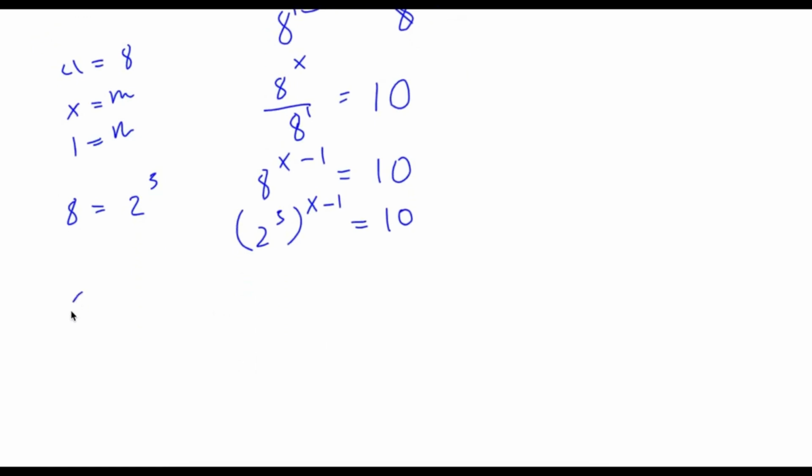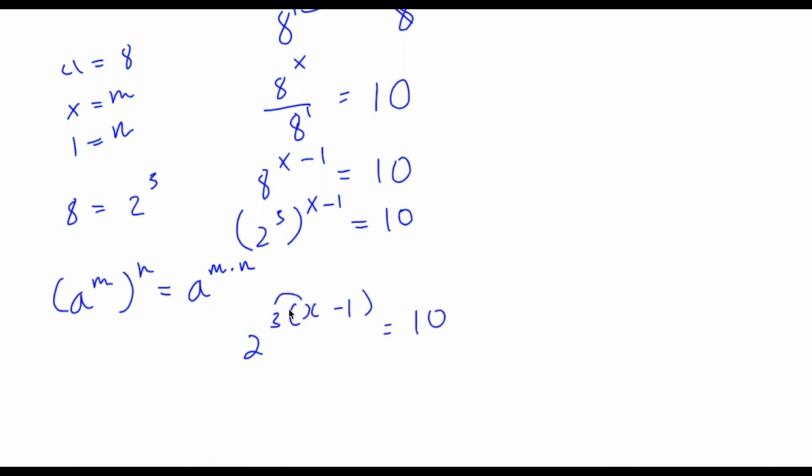Now, if I have something in the form a to the power of m, to the power of n, this is the same thing as a to the power of m times n. So 2 to the power of 3, to the power of x minus 1, is the same thing as 2 to the power of 3 times x minus 1 is equal to 10.